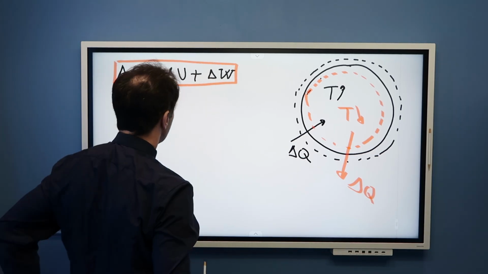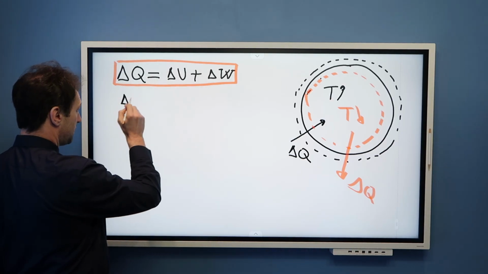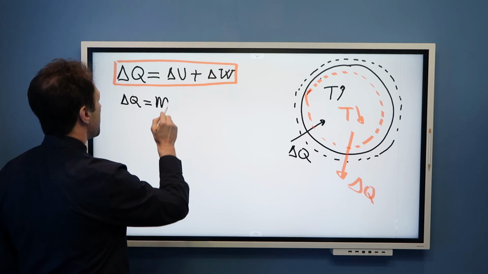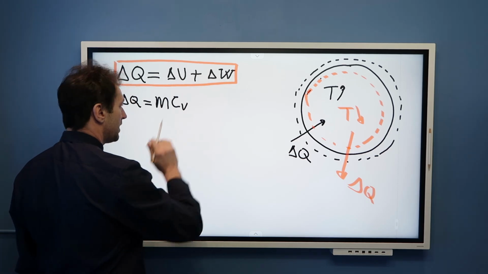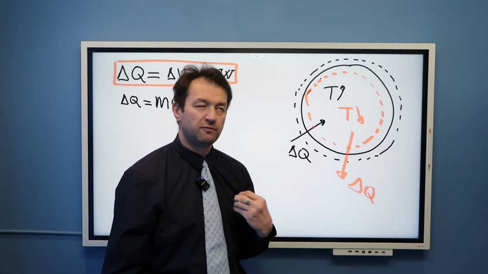These two terms on the right hand side can be expanded, so we can write that delta Q is equal to: internal energy, which is the mass of the air parcel times Cv, the specific heat at constant volume.